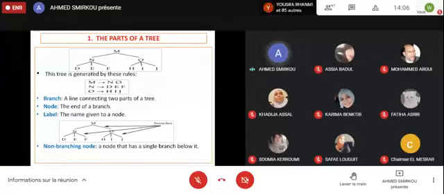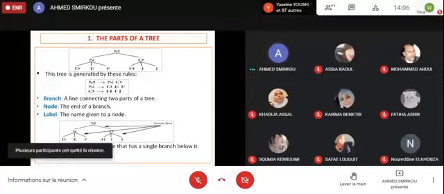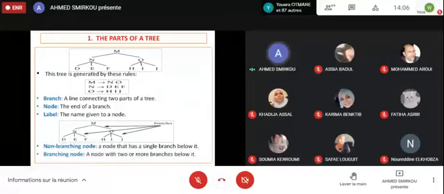A non-branching node is a node that has only one node below it, a single branch below it. A branching node is a node with two or more branches below it.